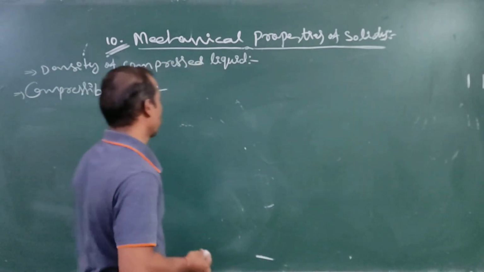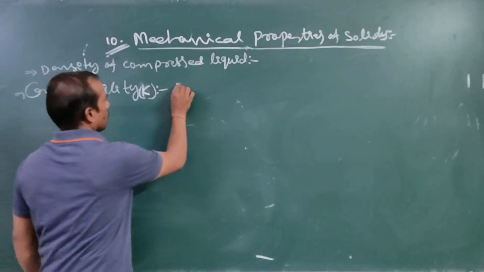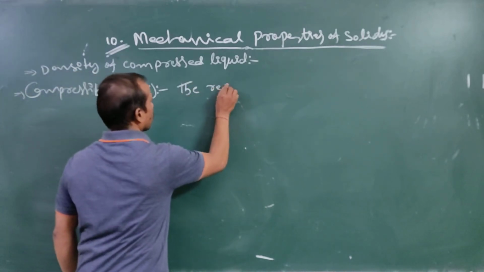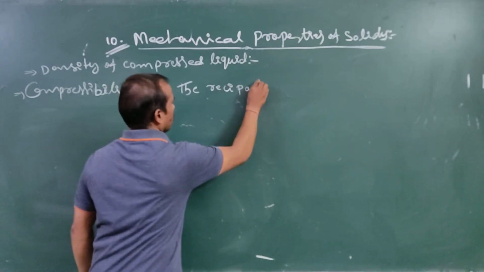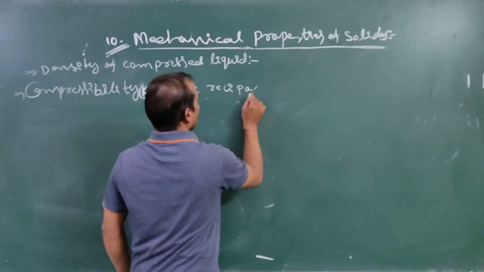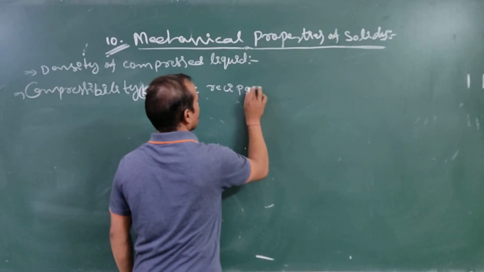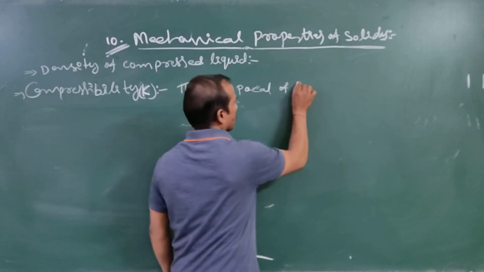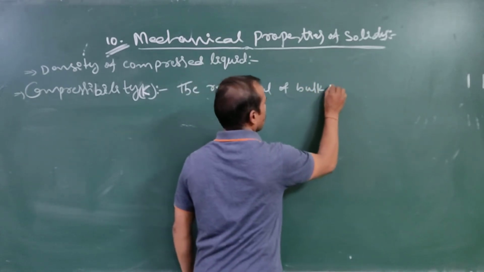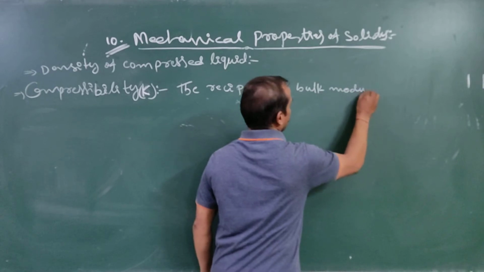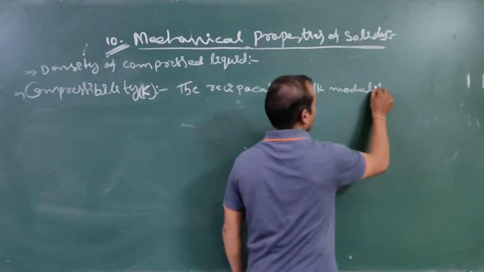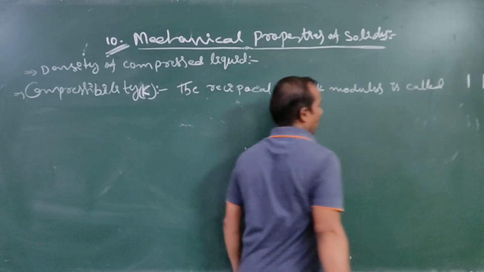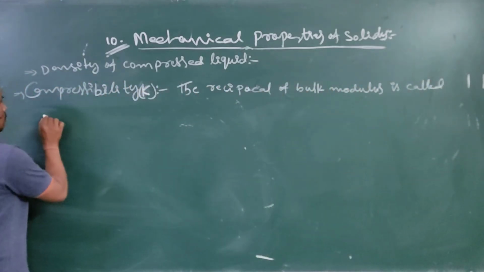So, note this statement. The reciprocal of the bulk modulus is called compressibility.